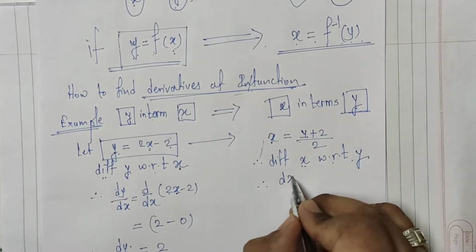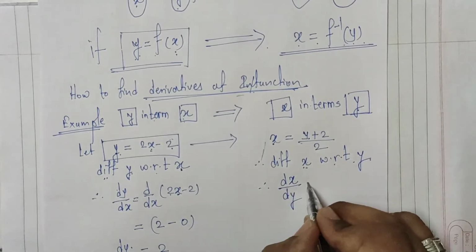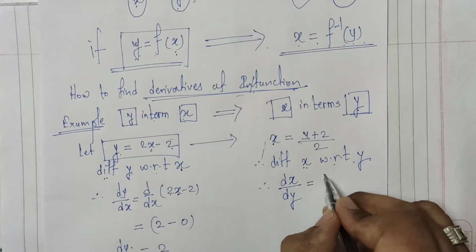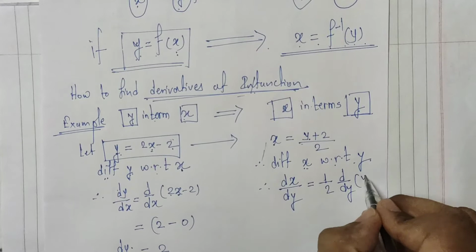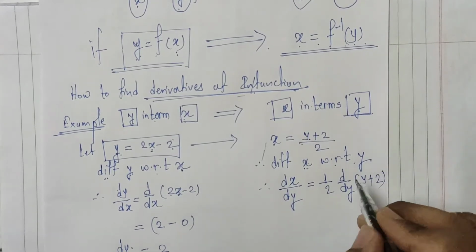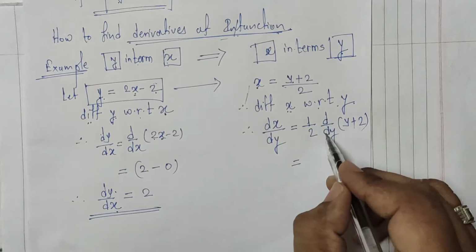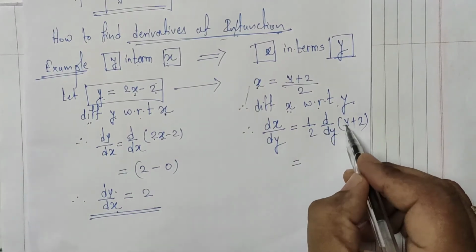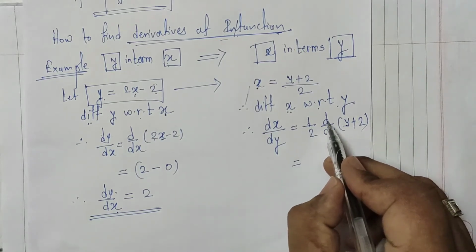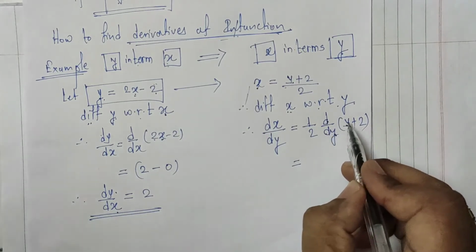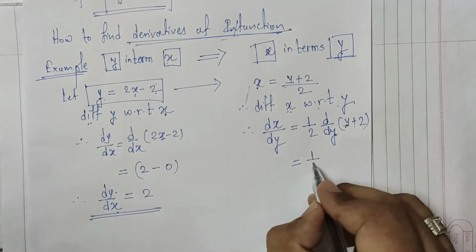So dx by dy is equal to 1 upon 2, a constant, times d by dy of y plus 2. Whenever you differentiate with respect to y, the derivative of y is 1.